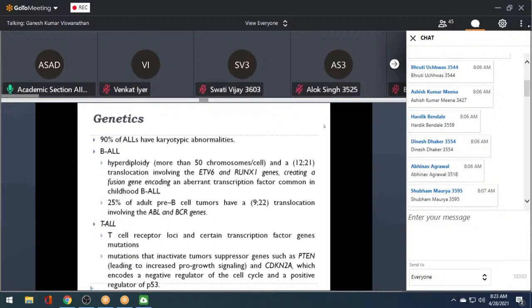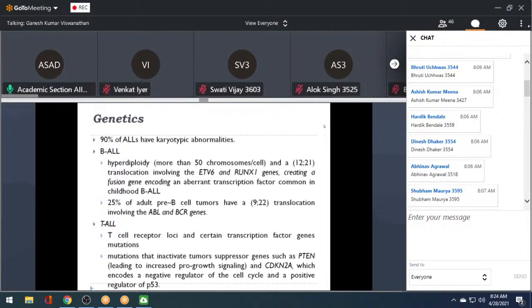Two genes which are normally far apart in two different chromosomes come together, fuse together and start functioning abnormally. This type of translocation and fusion genetic abnormality underlies blood cancers. These are recurrent, so we see specific types of abnormalities in specific types of cancers. This helps us in the diagnosis and prognosis of these cancers.